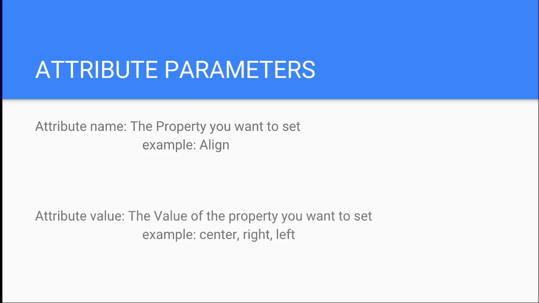The next one is the attribute value, the value of the property you want to set. For example, if you want to put that content in the center, right or left, that is the value. So an attribute is made up of two parts. The first one is an attribute name, and we'll assign some value to that name.